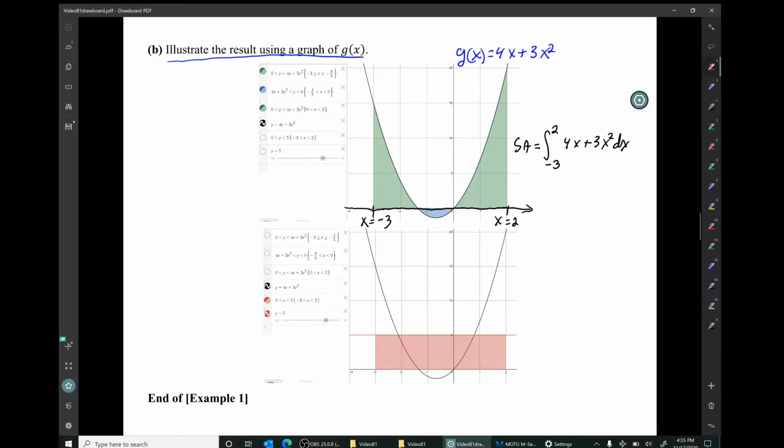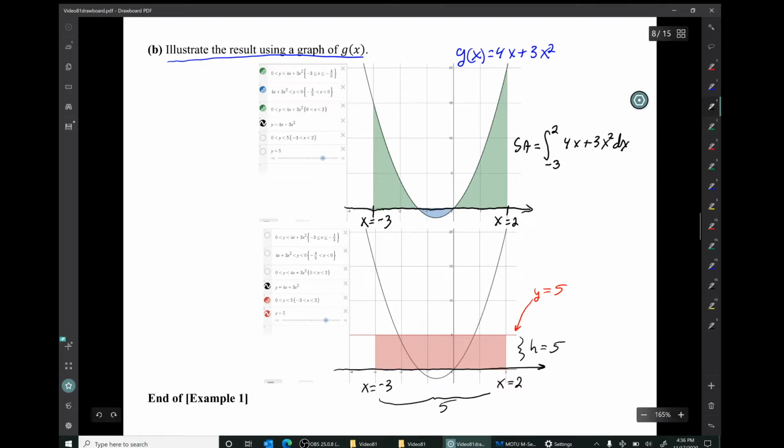On the graph below, I've graphed the horizontal line y equals 5, on that same interval from x equals -3 to x equals 2. And the x-axis is here. So I've got this red rectangle sitting on the x-axis. Notice that that rectangle is 5 units wide and 5 units tall.